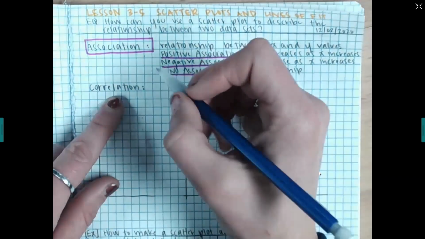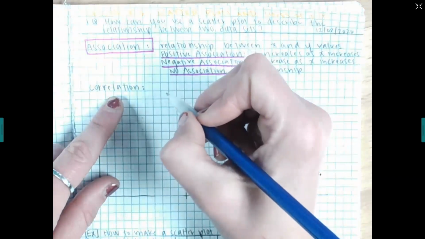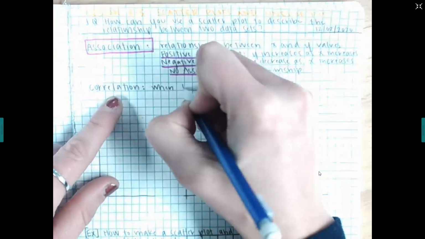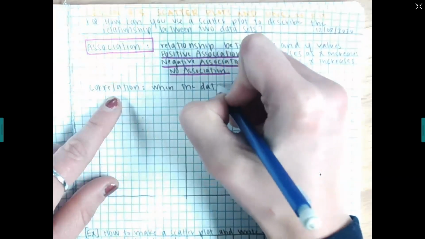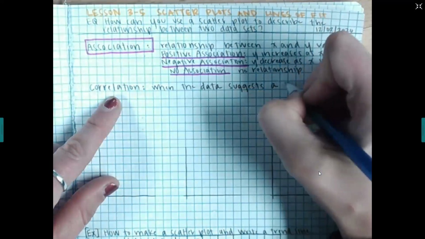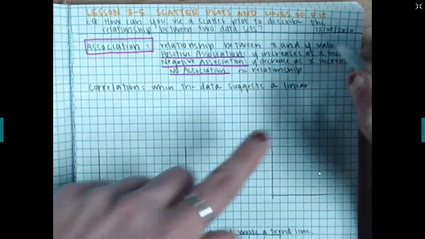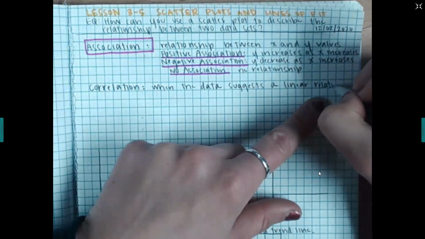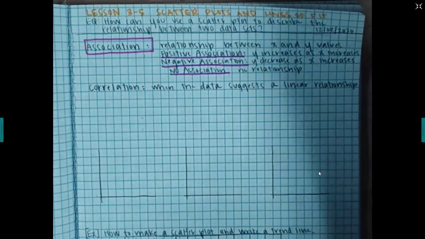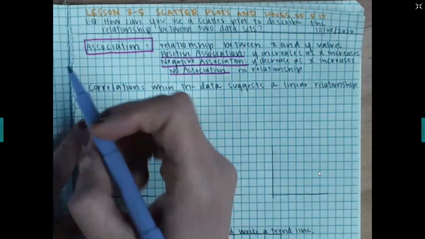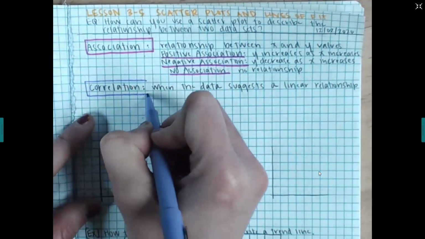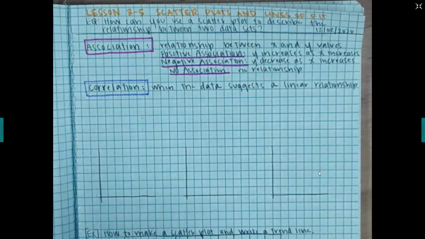And that means that the data suggests a linear relationship. So those data points are not exactly a straight line, but we could see that they are kind of moving in that straight line, and we could probably represent it with a linear function.